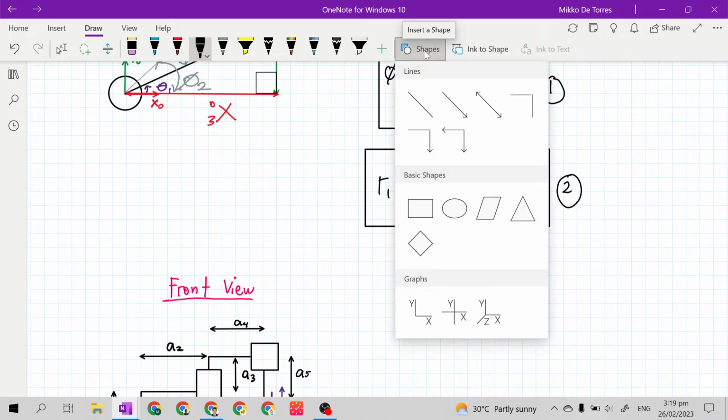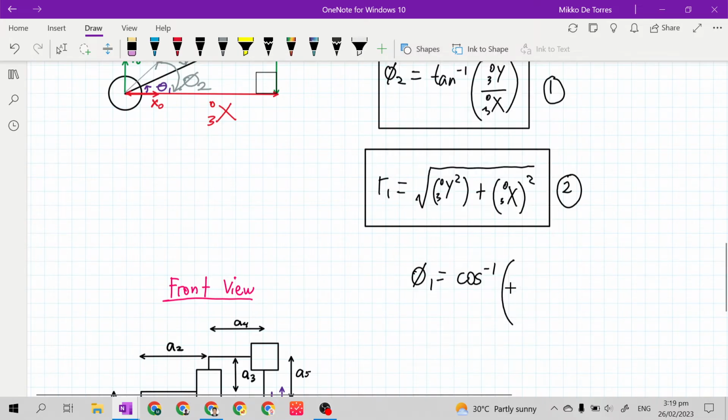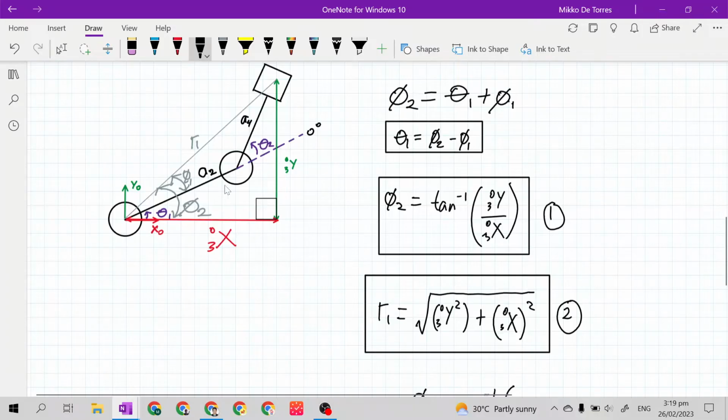Next, okay. So our sides are A4, A2, and then R sub 1.